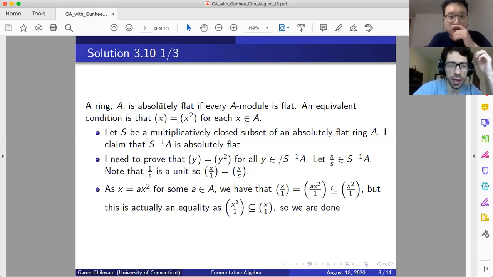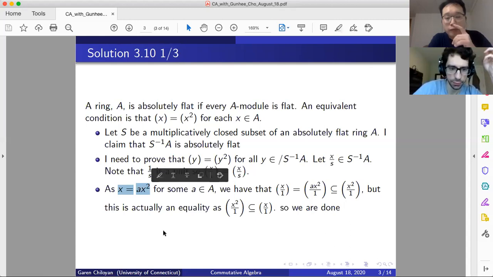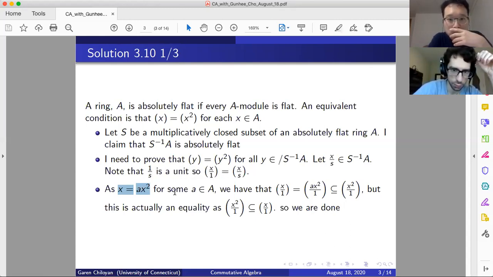A is absolutely flat, and I want to prove that S inverse A is absolutely flat. My question is, what is the assumption to solve this question? What did you assume? To solve the whole question, or just for a given problem?